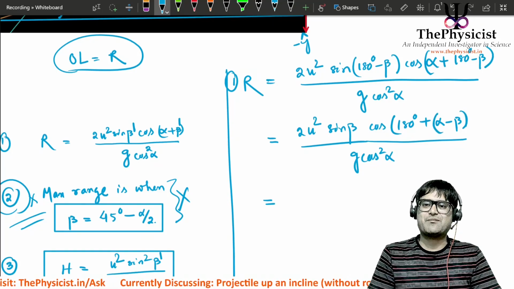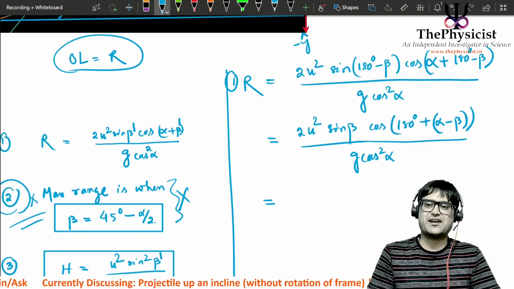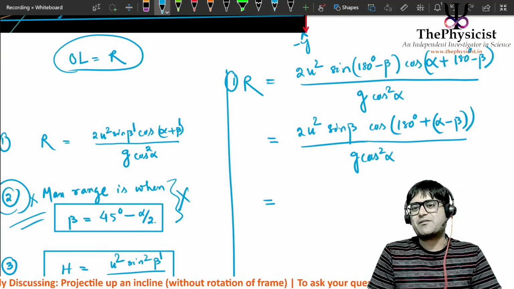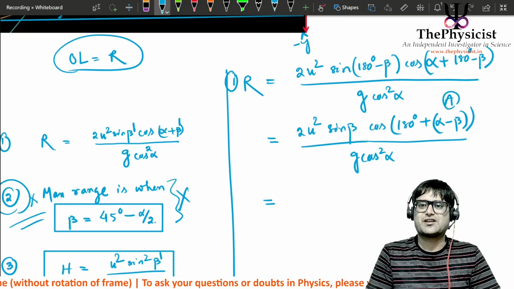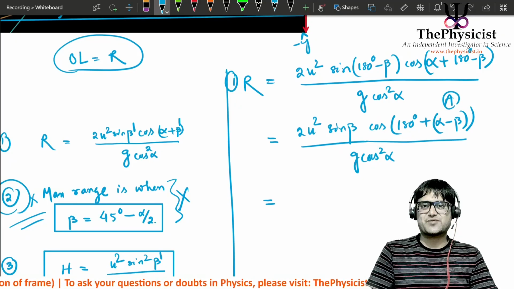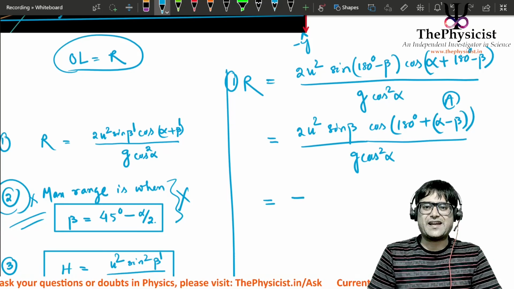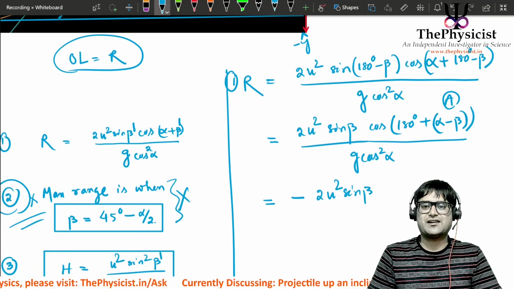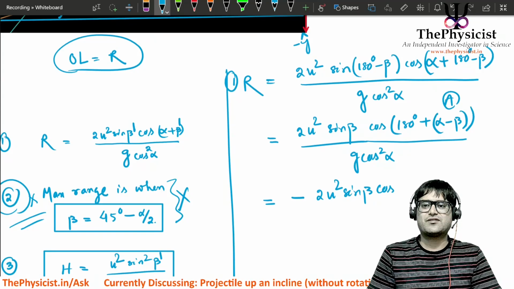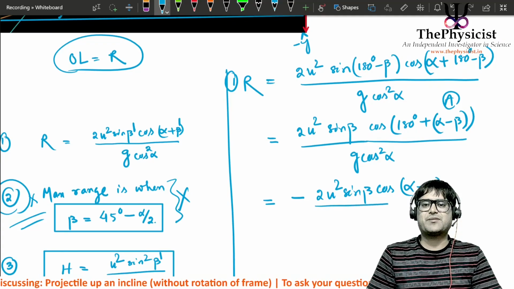Let's suppose this is alpha minus beta, right? If this is alpha minus beta, 180 degrees plus alpha minus beta. Imagine that alpha minus beta is any angle A. So cos 180 plus A is minus of cos A, isn't it? So it will be minus of 2u squared sine beta cosine of alpha minus beta, divided by g cos square alpha.